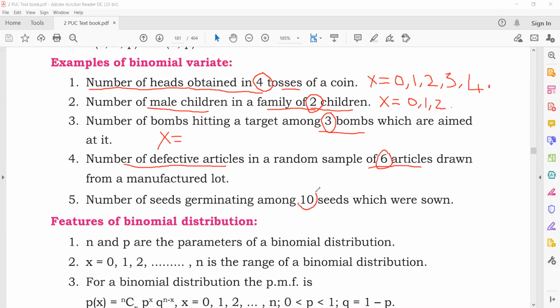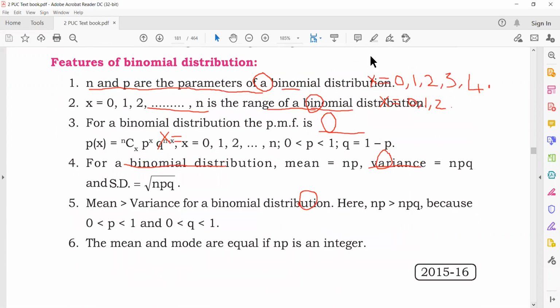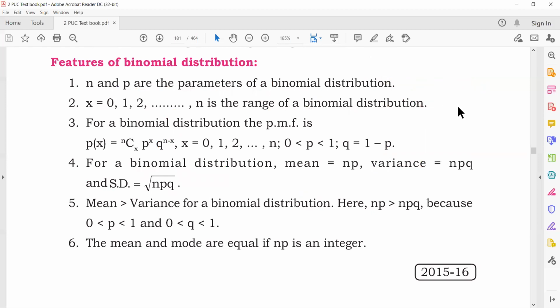So if you fix some n and count how many are going to be successes, then that number of successes always follows a binomial. Even if you count the number of failures, that also follows a binomial. We have studied a lot of properties when we discussed the analysis of distribution, like mean, median, mode, skewness, kurtosis, etc. These are some of the important properties.